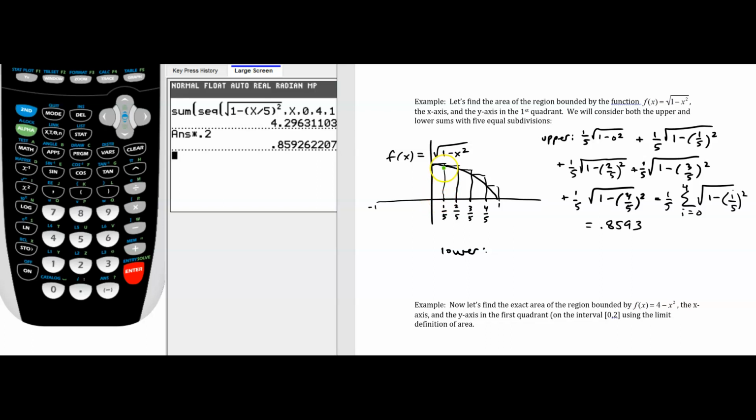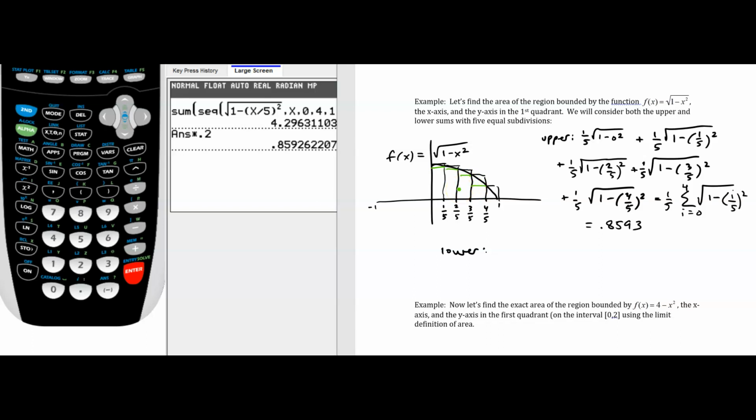It would actually go right there, and then you would have one that would go right here, and then this third one there, then this one right here. So do you see that this rectangle that was the second rectangle from before is now our first rectangle? The rectangle that was our third rectangle from before is now our second. A lot of these are the exact same values.